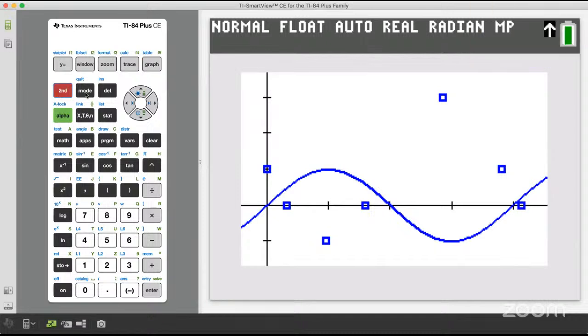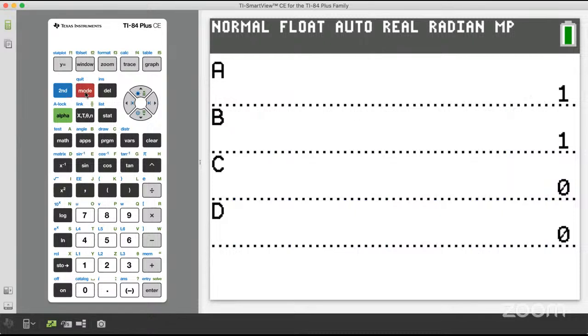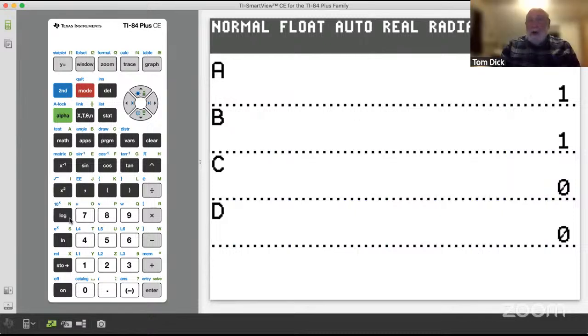If you want to show folks, you can do that real quick. Just real quickly, if I want to change the amplitude from 1 to 2, let's store 2, and the store key is just 2 keys over to the left from 2. You see that store button, and I'm going to store that in A.